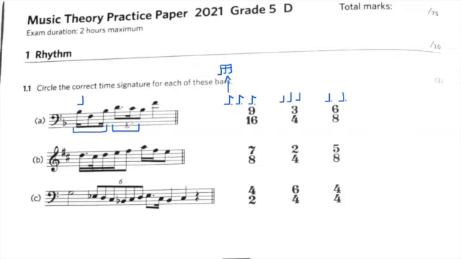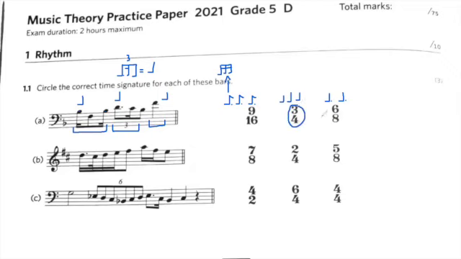So the triplet here is actually this triplet of quavers, which add up to a crotchet equivalent. So that there is another crotchet. It might look different because of the dotted rhythm, but sometimes we have to get used to seeing them in different forms. And then finally we have our third crotchet there. So the answer is 3/4.